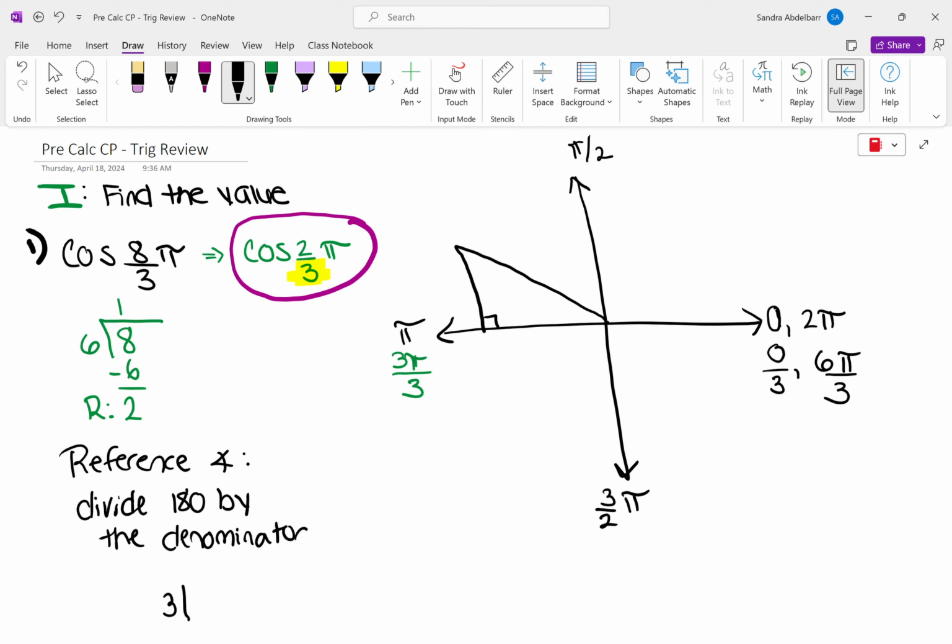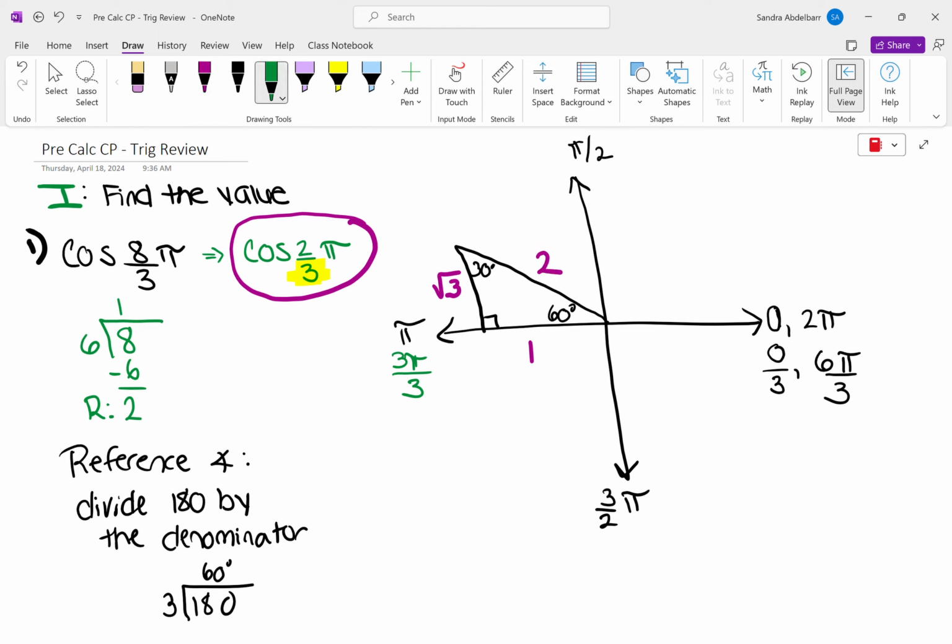So 180 divided by 3 is 60 degrees. So if this is 60 degrees, we know this is a 30, 60, 90 triangle. Opposite the 30 is root 3. I'm sorry, opposite the 60 is root 3. Opposite the 30 is 1. Opposite the 90 is 2.